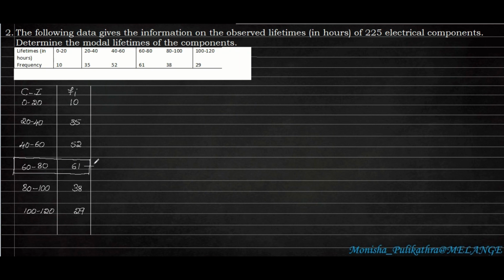Here the 61 becomes F1, the preceding one becomes F0 and the succeeding one becomes F2. Here 60 will be the lower limit. First we have to write the mode formula.